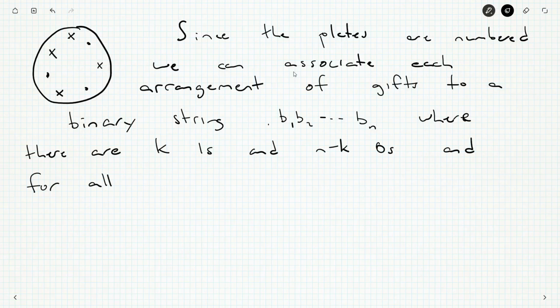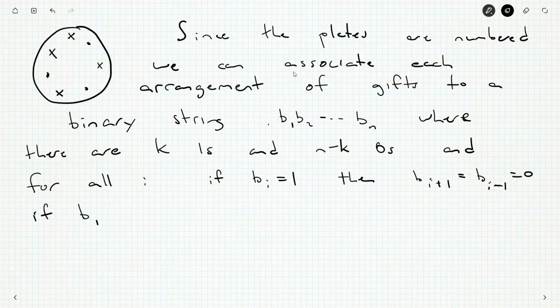And for all i, if b_i is 1, then what do I need? I need the ones beside it can't be 1s, so they have to be zeros. And if b1 is 1, then b2 is 0.